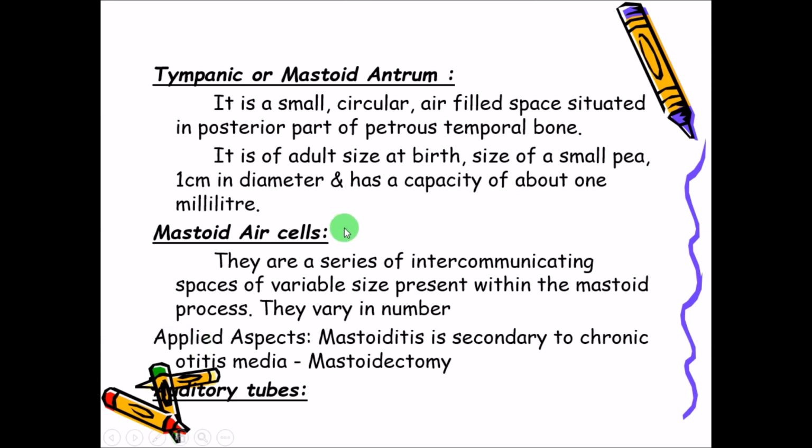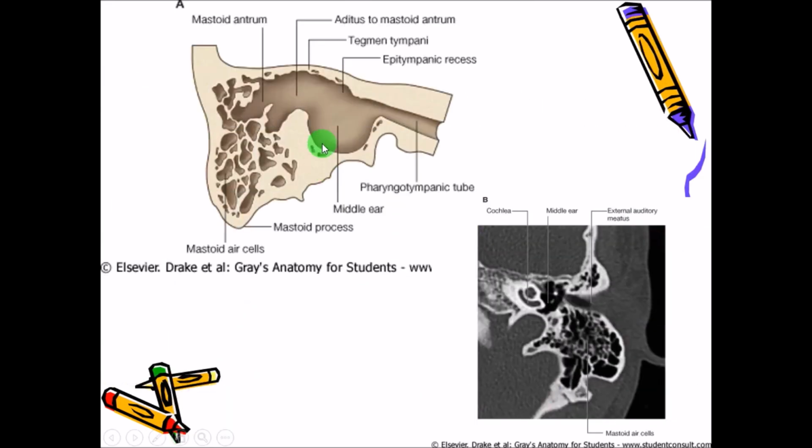Coming to the applied aspect, what is the importance? Mastoiditis is secondary to chronic otitis media. If there is any infection of the middle ear, the infection from the nasopharynx can easily get transmitted to the middle ear, and if this is not treated early, it is called otitis media.